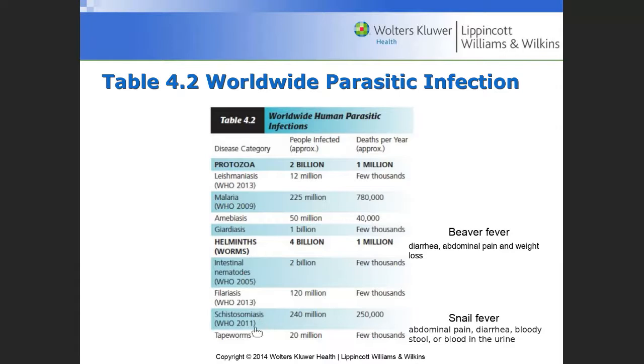Schistosomiasis, also another parasitic infection, and of course the tapeworm. Schistosomiasis is transmitted by the snail, causing fever, also abdominal pain, diarrhea. And then giardiasis is usually from camping. People drink contaminated water.